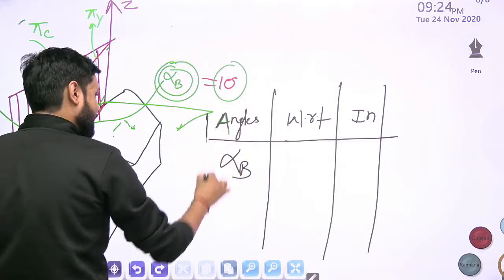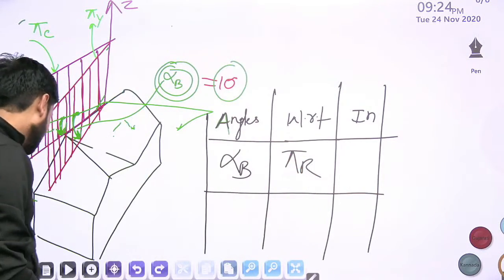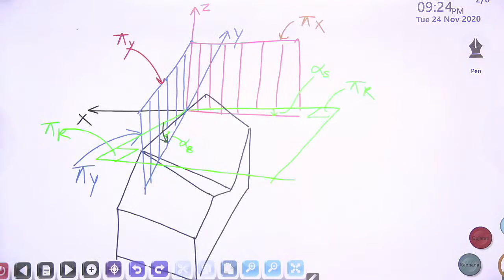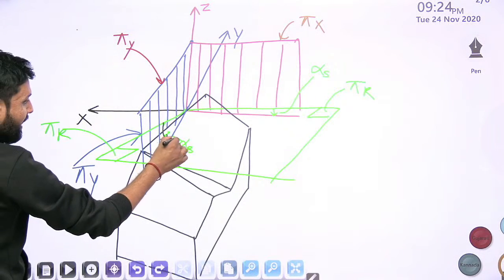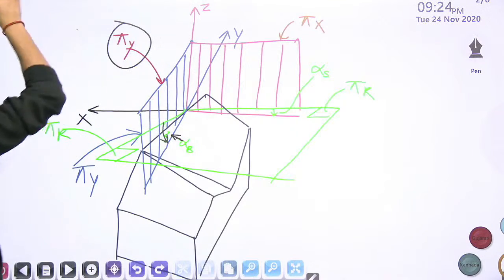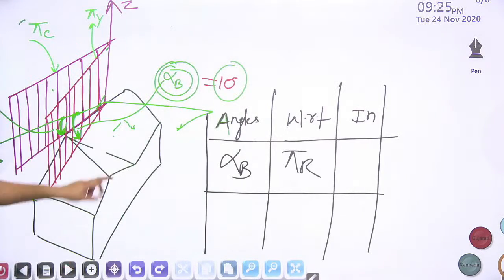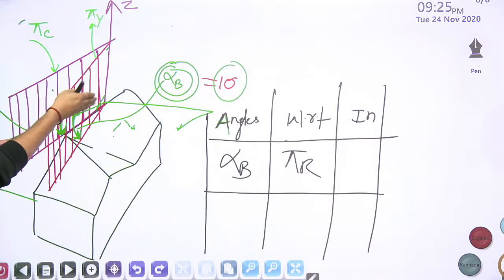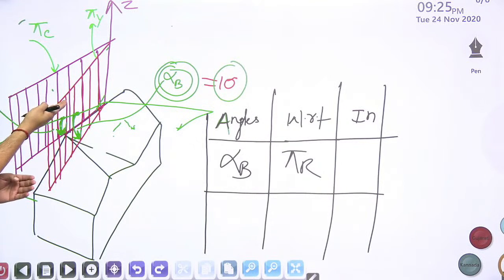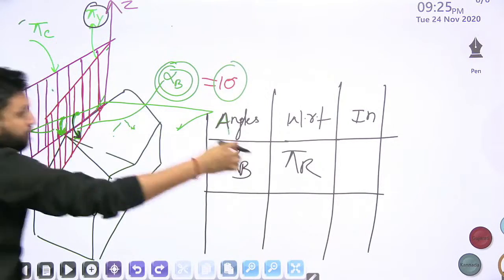Back rake angle is measured with respect to reference plane, but it is measured in pi y plane. Yes, here also same thing, measured with respect to reference plane, but this angle is measured in pi y plane.